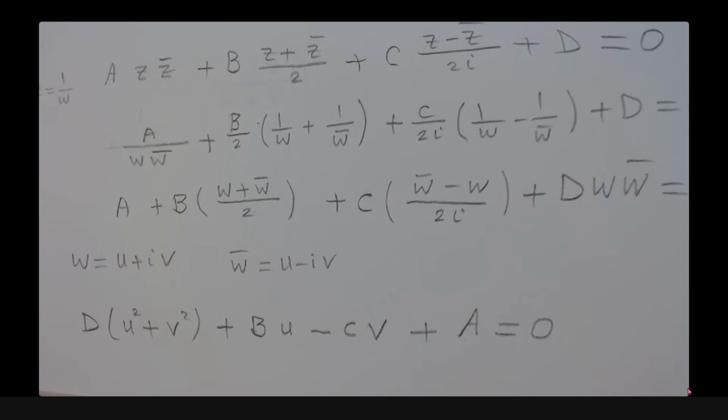A Mobius function sends a circle to either a circle or a straight line, okay? So be careful. You shouldn't say it sends a straight line to a straight line. No, a straight line can definitely go to a circle with this linear fractional transformation.